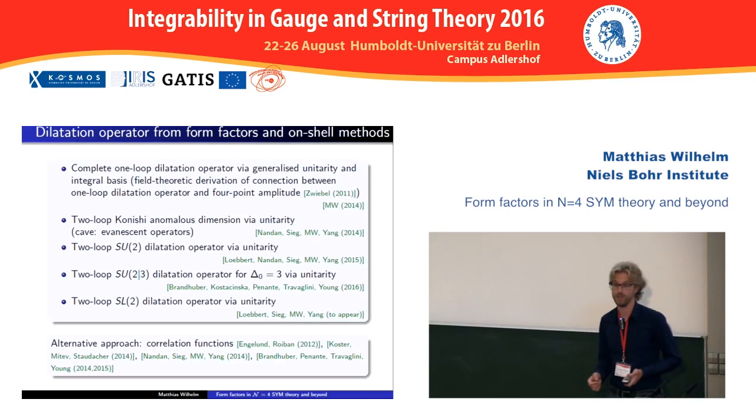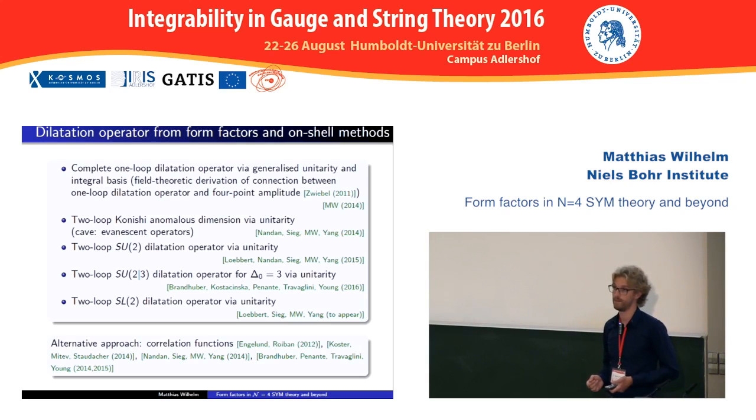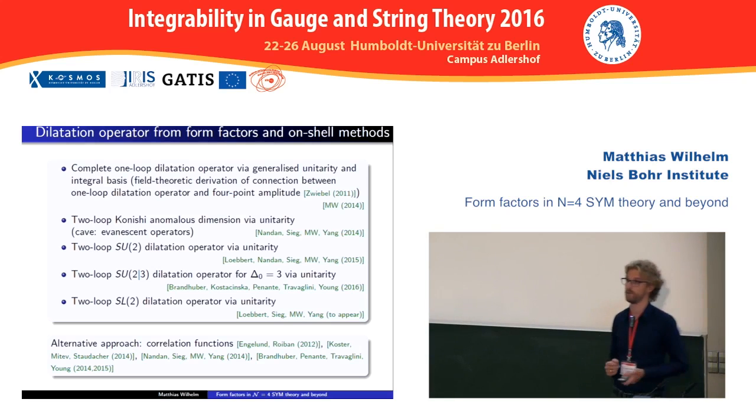At one loop order, using generalized unitarity and an integrable basis which is available there, I've calculated the complete one-loop dilatation operator of N=4 super Yang-Mills theory this way. This is the first derivation of the complete one-loop dilatation operator using field theory alone, before it was obtained, of course, by symmetry.